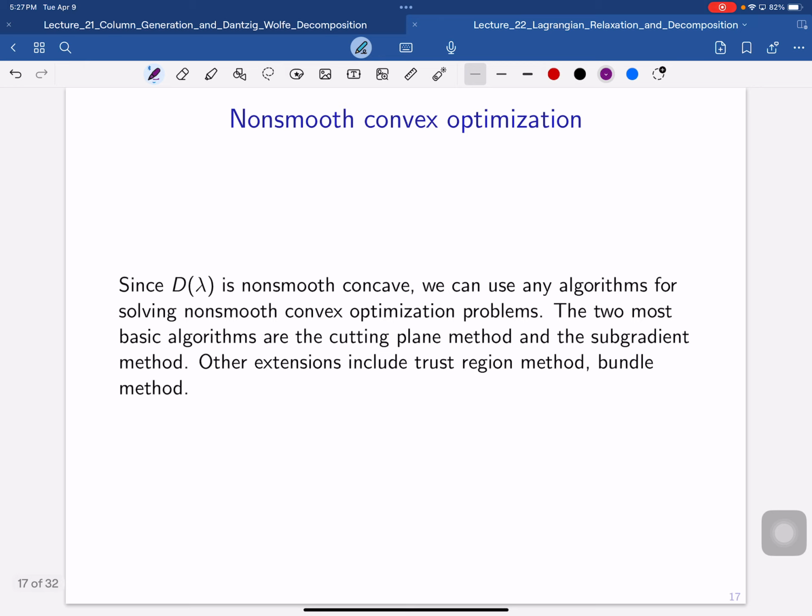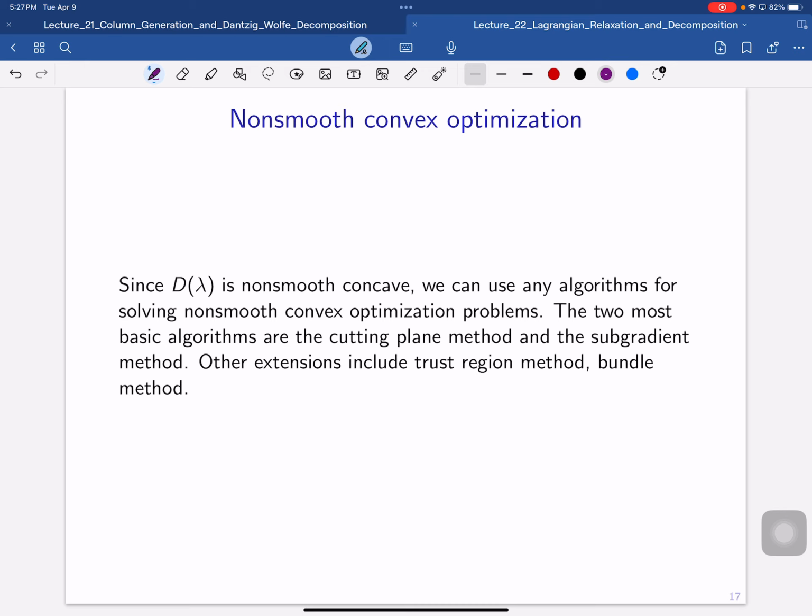Now we know d lambda is a non-smooth concave function. We need some algorithm to solve this problem. How do you optimize d lambda when it is a non-smooth concave function? The tricky thing here is that it is non-smooth. If it is a smooth function, you can use gradient descent or Newton's method or whatever.